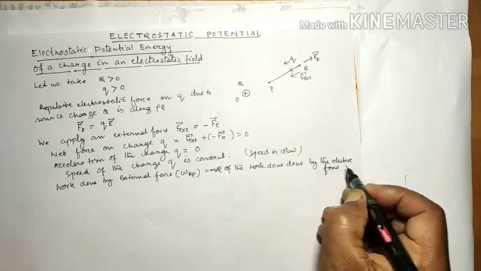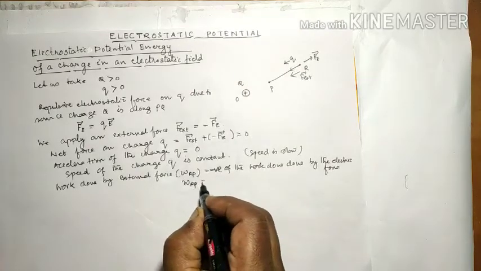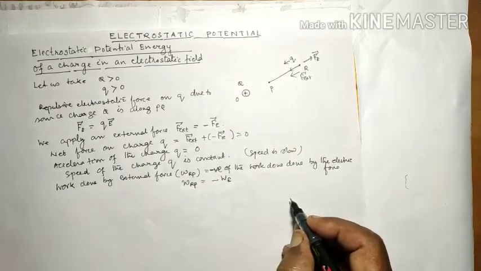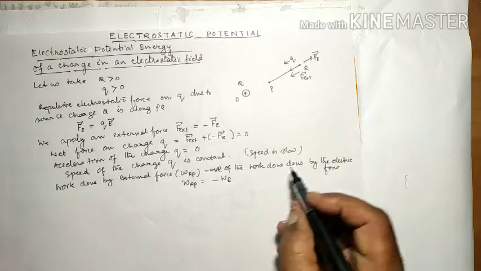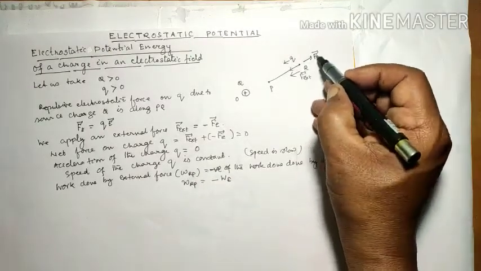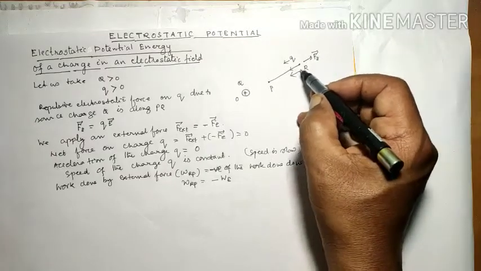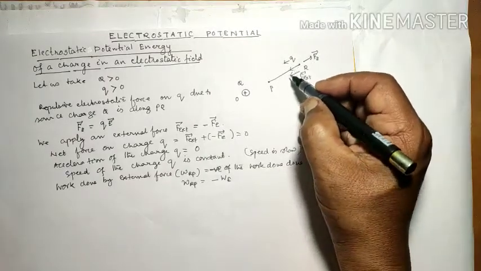That means WRP is equal to minus WE, or WE is minus WRP. Work done by the electric force is negative because electric force is towards right and displacement is towards left.